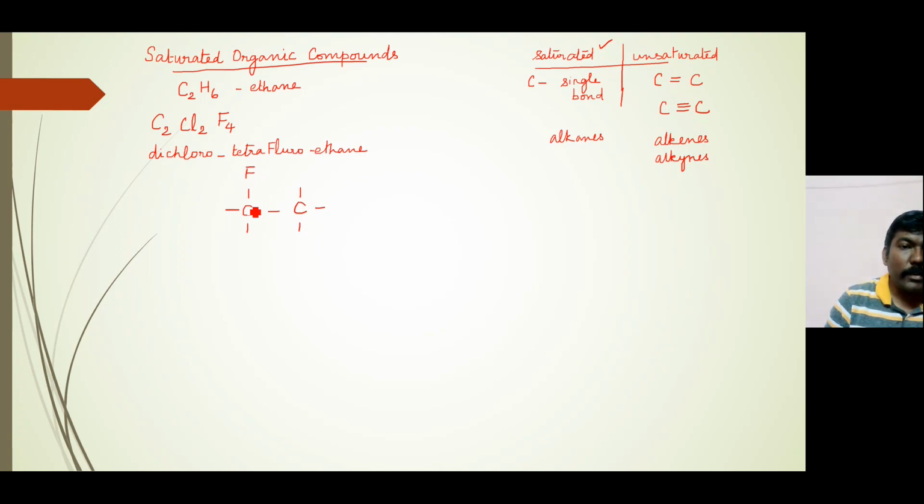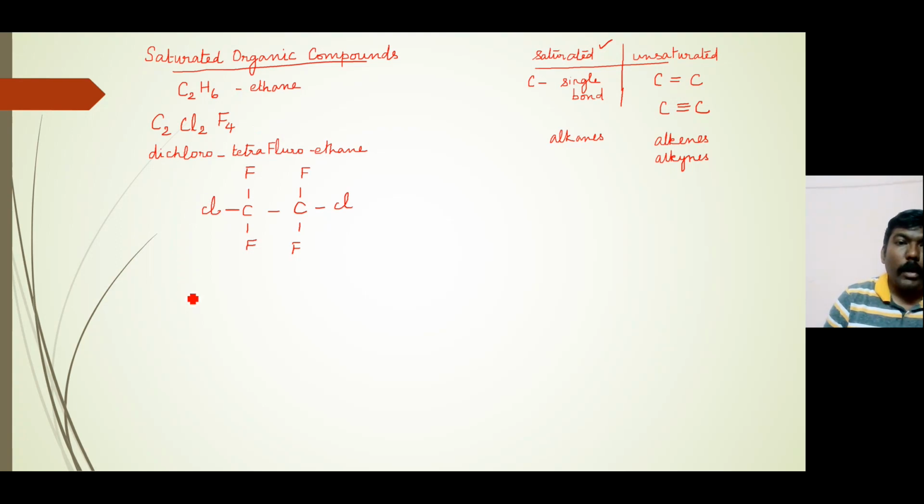Each carbon atom is going to have two fluorine atoms, and you have one chlorine atom for each carbon atom. So you have C2Cl2F4, which is dichlorotetrafluoroethane. Now how do I give a designation for this particular refrigerant? That is the question, right?